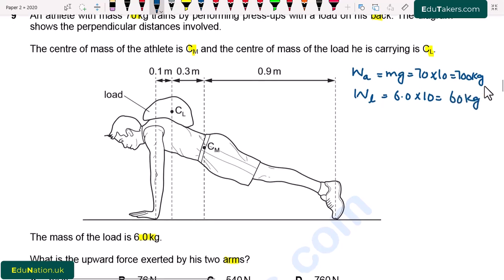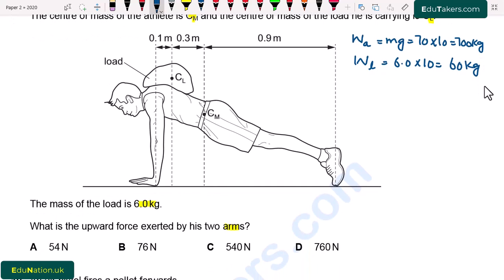Next, we can see here that the weight is acting in the downward direction. Also, the load is in the downward direction, while the athlete's arm forces are in the upward direction. So actually there is the law of conservation of moments, that the total clockwise moment will be equal to the total anti-clockwise moment.